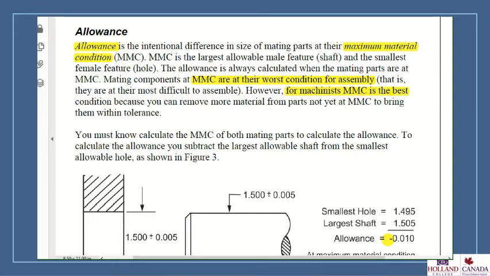The allowance is always calculated when the mating parts are at maximum material condition. Mating components at MMC are at their worst condition for assembly. So the shaft is the largest diameter, the hole is the smallest diameter. They're at their most difficult to assemble.